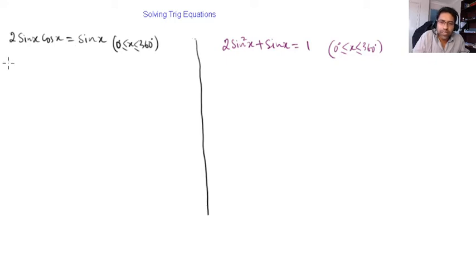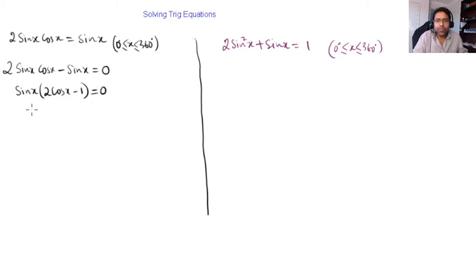What you can do is write it as 2 sine x cos x minus sine x equal to 0. If we try to factorize it, you see that sine x times (2 cos x minus 1) equal to 0.